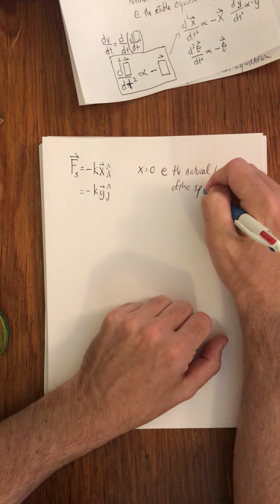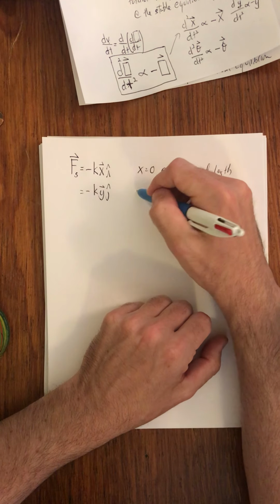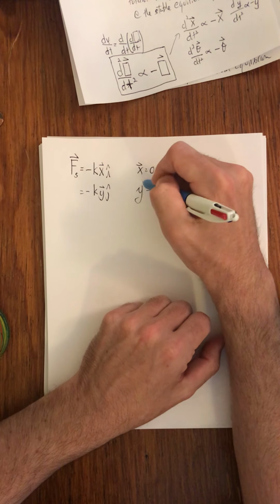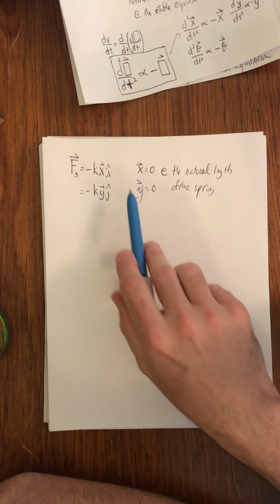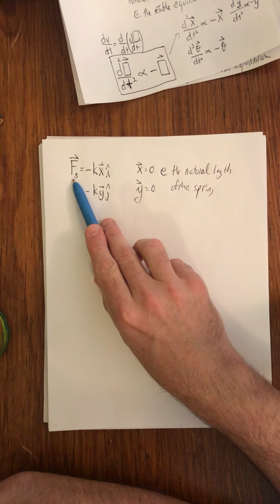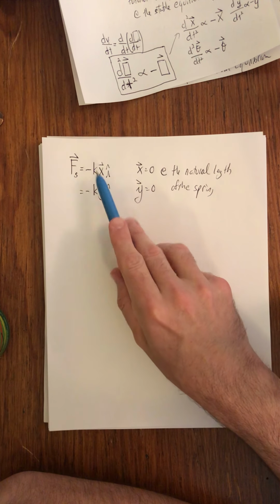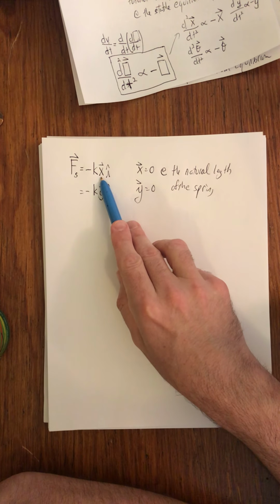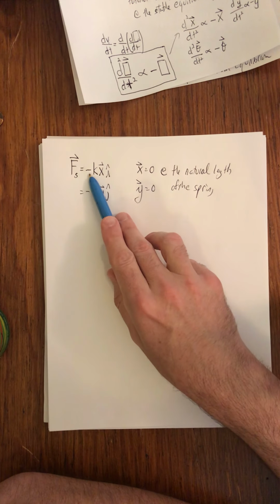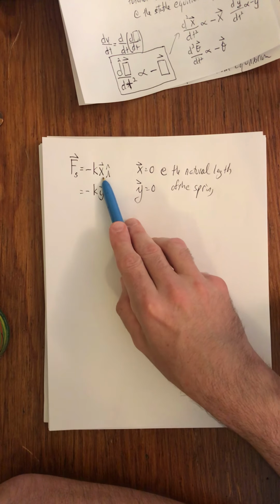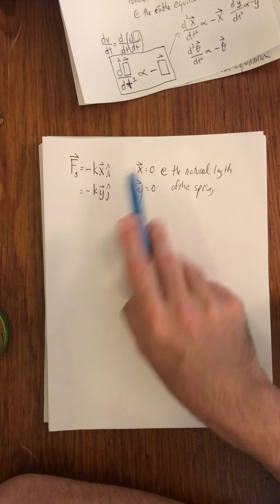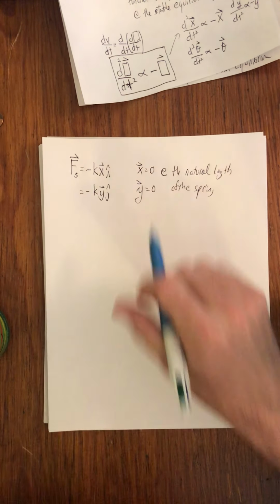That's the way that is derived. y is equal to 0, right? Those are just definitional arguments when we're talking about the spring, but that seems to do some really nice things for us because I have a force that is directly proportional to the position from equilibrium, and the force is always in the opposite direction as the displacement from the equilibrium position. So that meets everything we need.